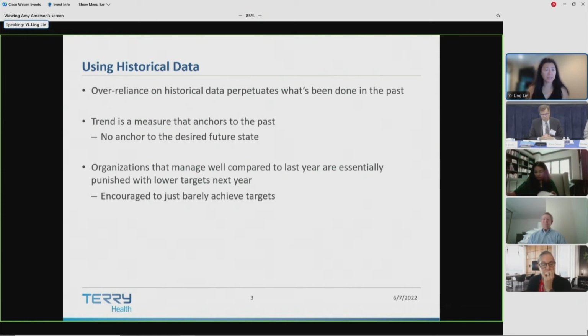The second thing I've noticed is that the $105 target for next year really penalizes organizations that do really well in total cost of care arrangements. Let's say we start everybody at that $100 historical data, and next year we have you target 105.